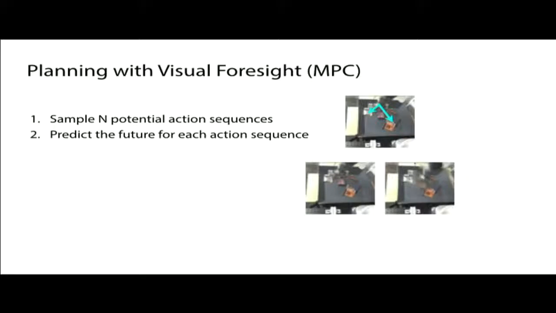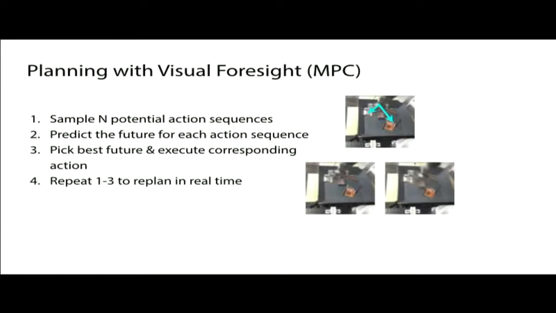So maybe these are the 2 predictions for those 2 possible action sequences. And then we pick the future that we like the best and execute the corresponding action. Then we can repeat steps 1 through 3 to replan our actions for the future that we like best in real time. So this is exactly model predictive control, except it's using images rather than using the ground truth state of the system.